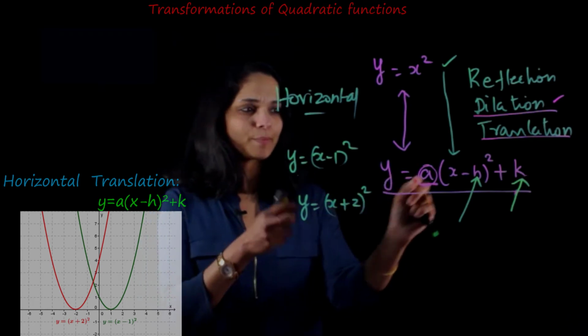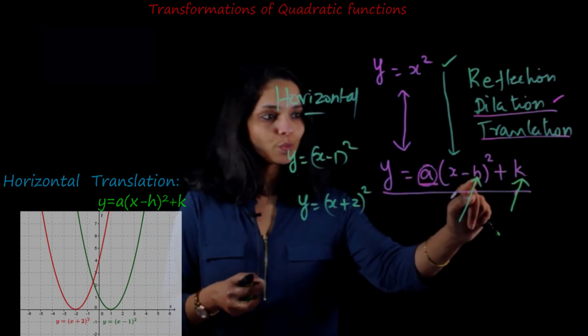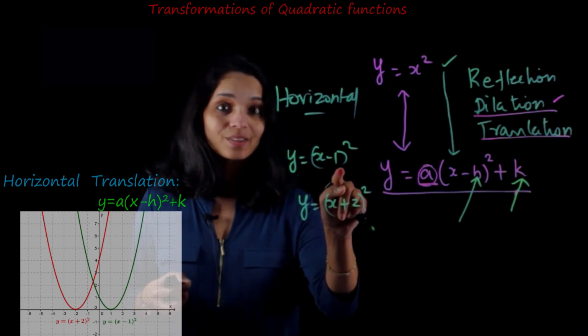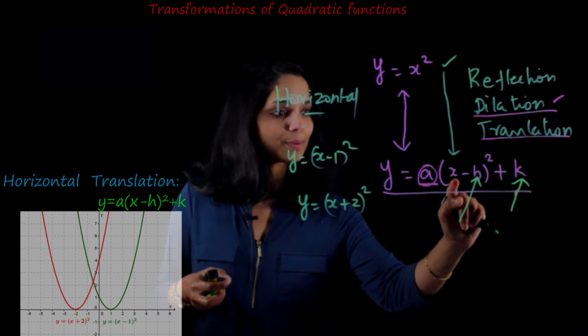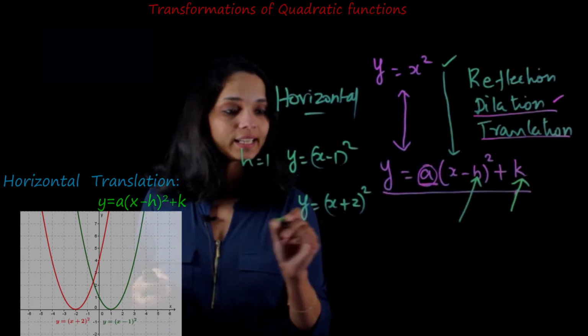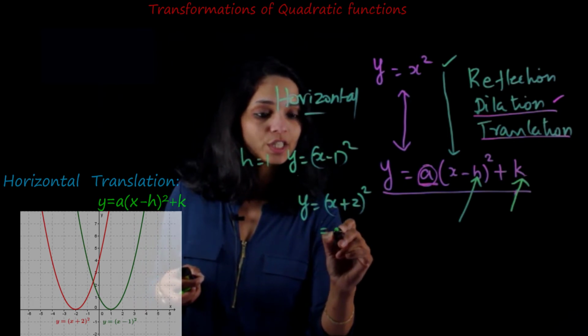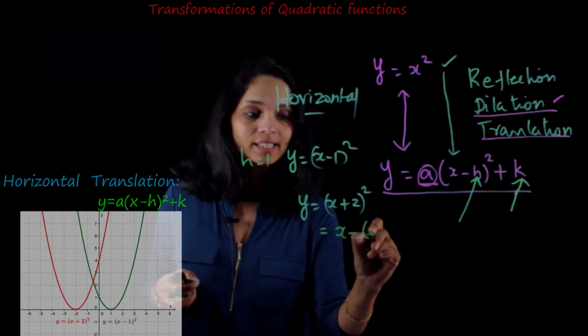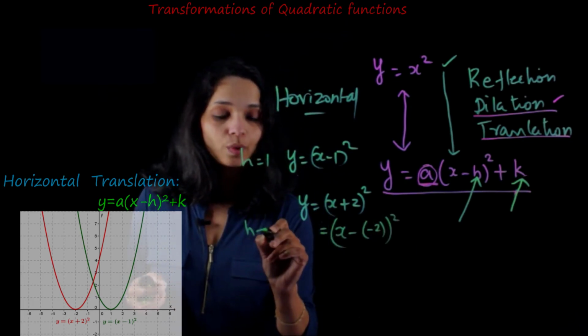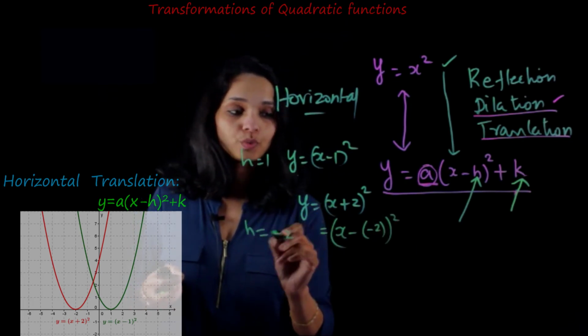So how can we compare that with h? What is h for this equation? h is positive 1, because you have to compare this with the equation (x − h)². And this other equation can be rewritten as (x − (−2))², so h equals −2.